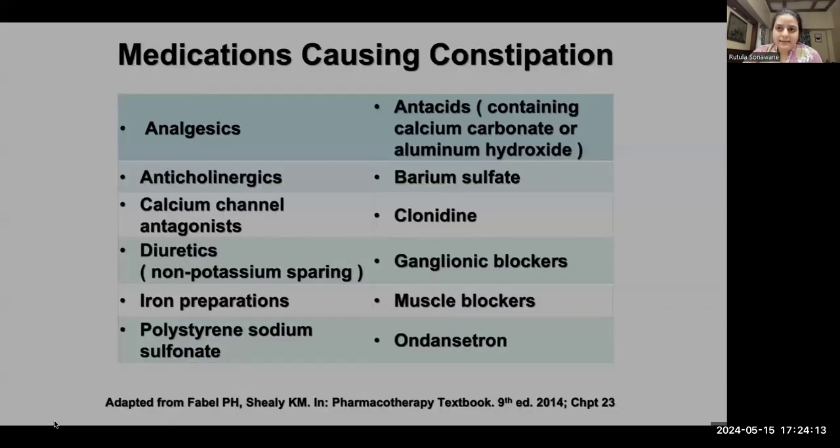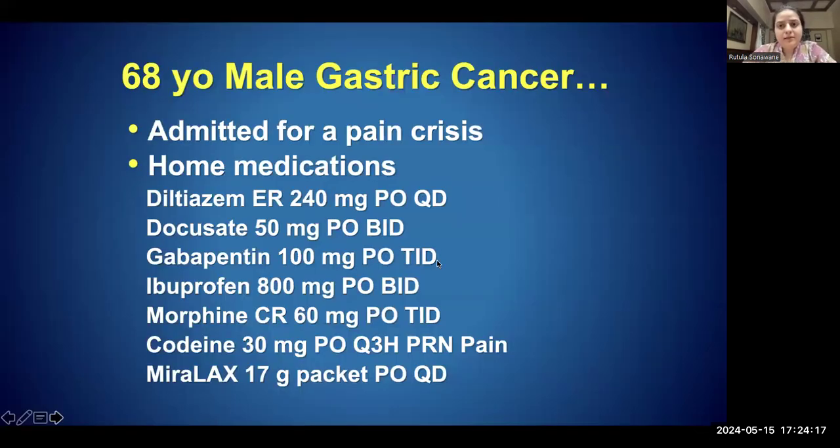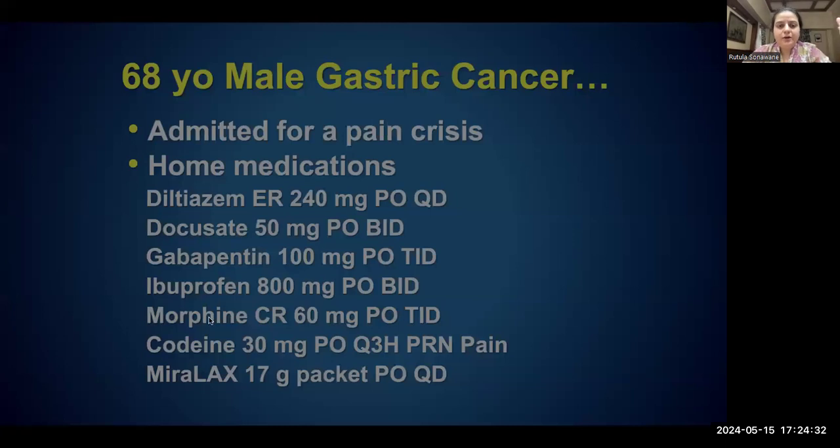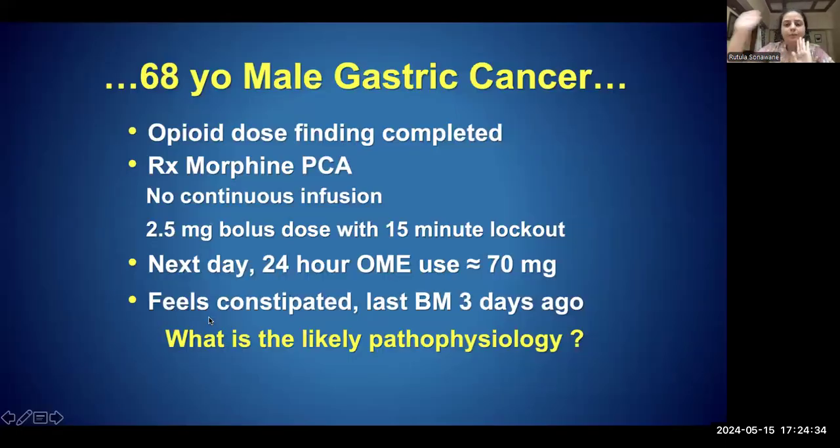So to give an example, let's say there is a 68-year-old male with gastric cancer, and he was admitted for pain crisis, and he's been on these many medications for now, and he kind of improved on that.